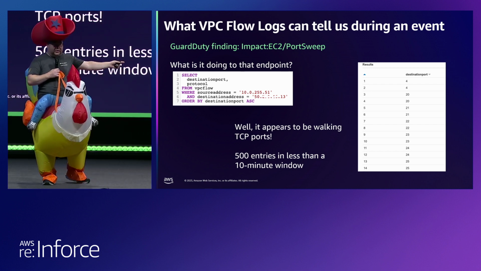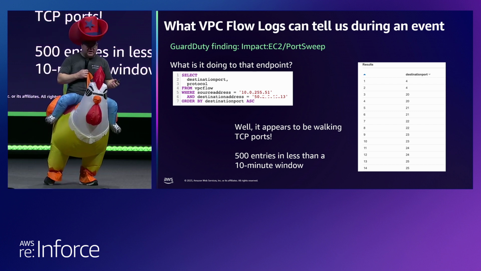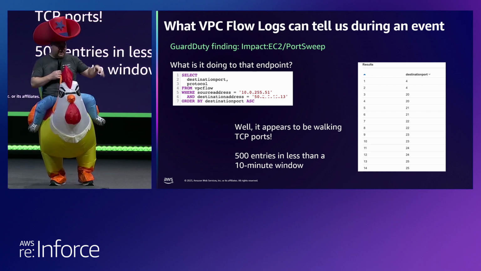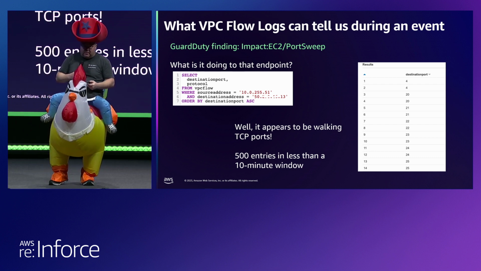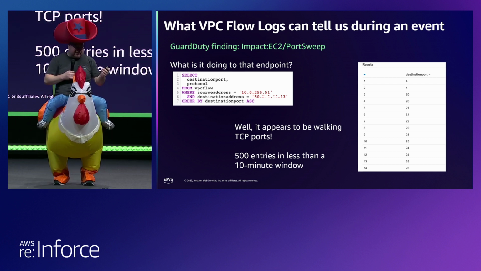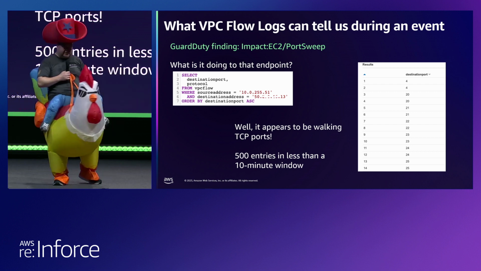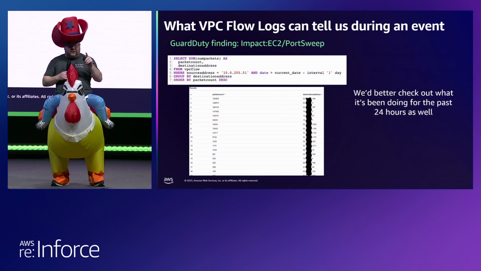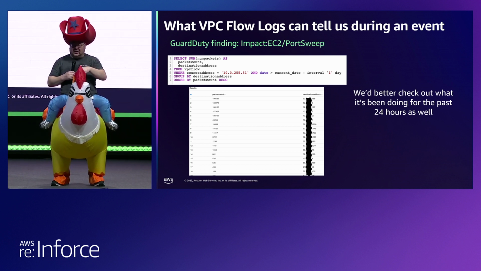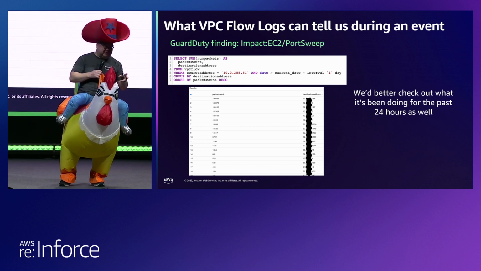It's walking ports, it's doing a big nmap sweep across some endpoint IP address. And we can go look this up and find that there's like 500 plus entries in this 10-minute window. So then we can start digging in and say, well, that is seriously suspicious.